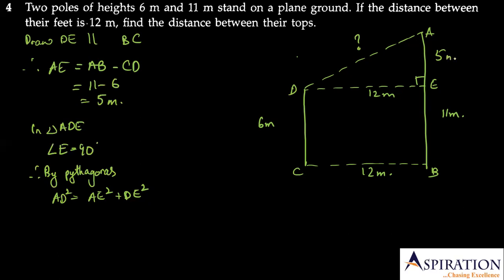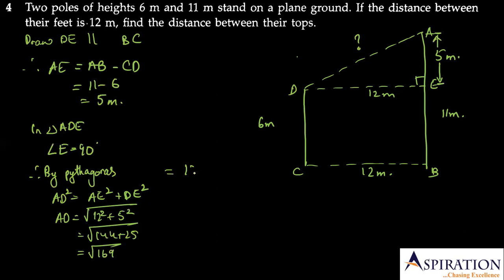How much is AE? It is 5 meters. Okay, AD is equal to root over 12 square plus 5 square, 144 plus 25, root over 169, that means 13 meters. That is your answer. Please copy.